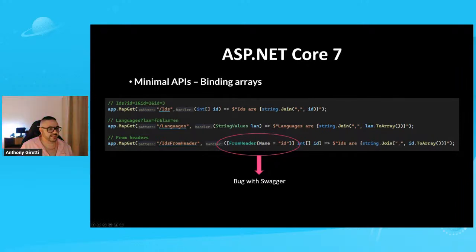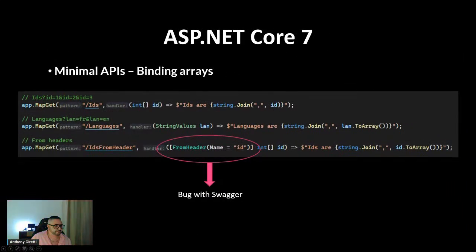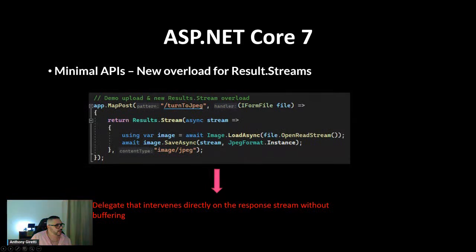It doesn't work as expected, and I will show you in the demo what's going on. It's really interesting, but you can make it work for sure with an HTTP client. Don't worry. You can make it work with Postman. I will show you how, but from Swagger, it won't work. Next one.